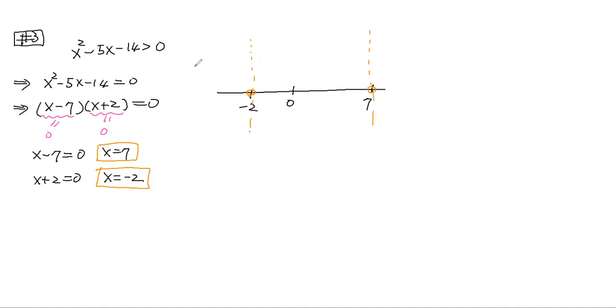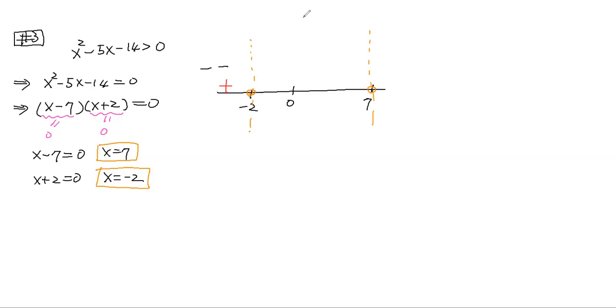You choose any number less than negative 2. So x minus 7, if you choose negative 3, will give you a negative, then negative 3 plus 2 will give you a negative. Negative times negative will give you a positive.